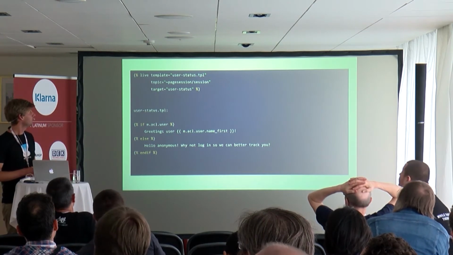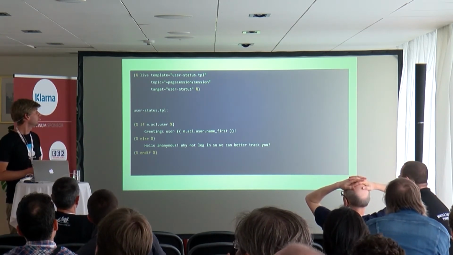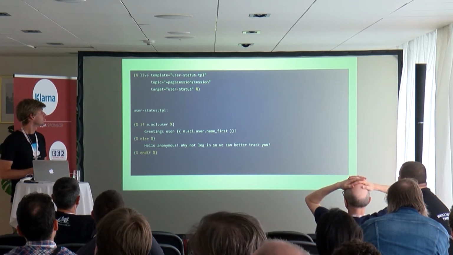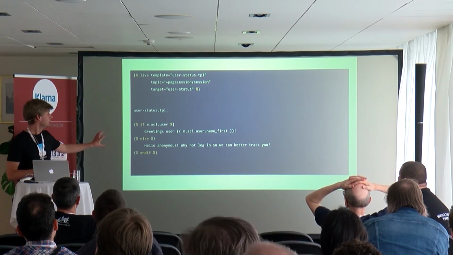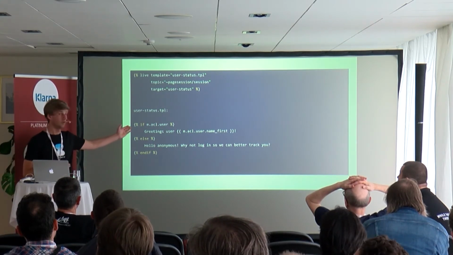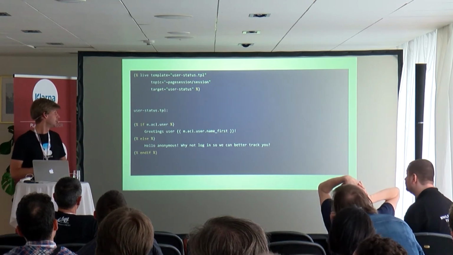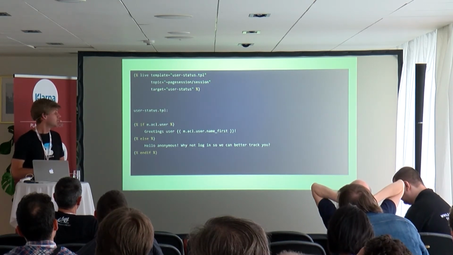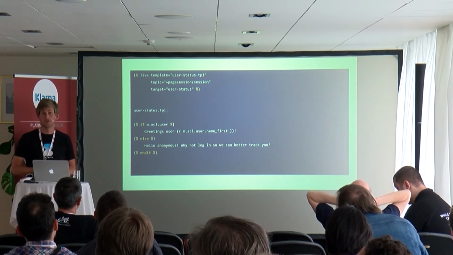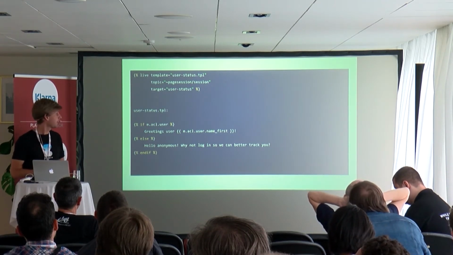It renders some template, I call that user status .tpl, and that template is here below, where we check if someone is logged in. Is there a user through the ACL model in this case, not the search one? Then we greet that user, else the current visitor is not logged in, and we'll just have an anonymous greeting.